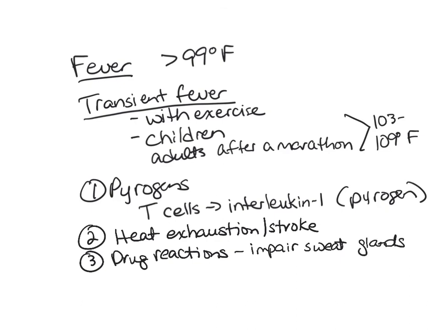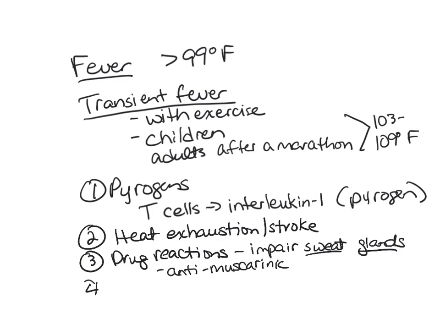An example of these would be an anti-muscarinic drug. If you remember, the sweat glands have muscarinic receptors on them. So if you take an anti-muscarinic drug, that drug will inhibit the muscarinic receptors, and therefore you can't sweat. And if you can't sweat, you're not going to be able to release heat, so your body temperature will increase.